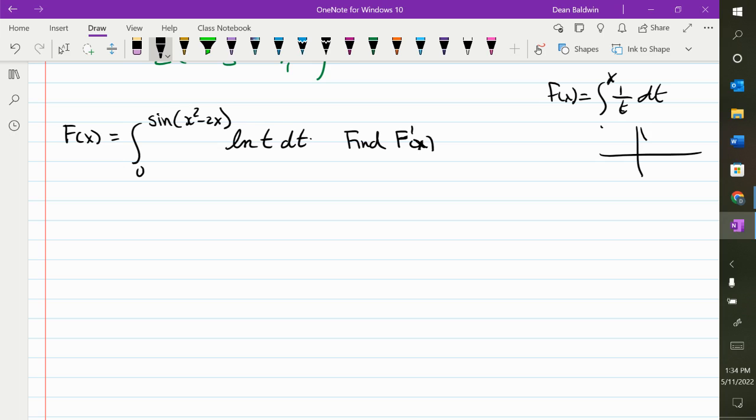If you look at the curve of 1 over t, that's x, it's that area. So it's a sliding thing. When you say natural log of 3, it's the area from 1 to 3.